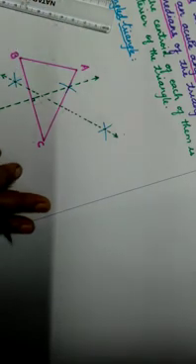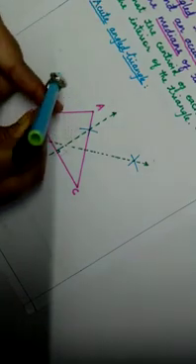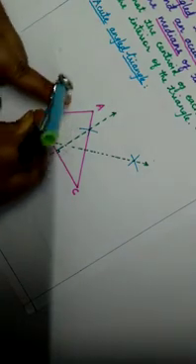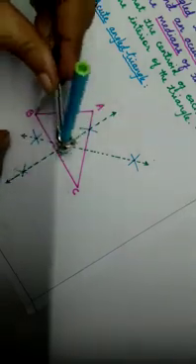So this is the perpendicular bisector of which side? Side AC. And this perpendicular bisector is of side BC. Now which side is left? AB is left. So similarly we will draw the perpendicular bisector of side AB also. Take more than half the distance in this way and draw two arcs towards both sides of AB.